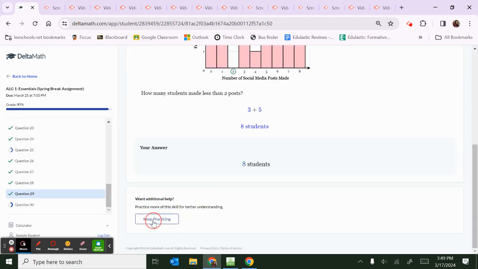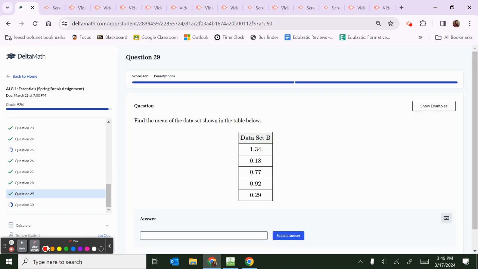So again, guys, for this one I would definitely do about 10 or even 20 of them, because everything is different. Here it says to find the mean. The mean is your total divided by the number of things in your set. So mean is your average.